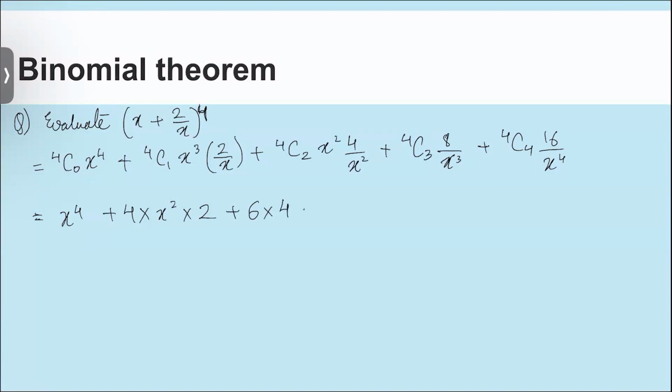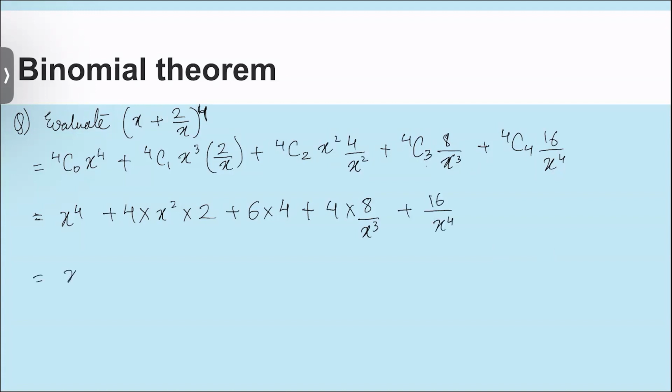Then you will have plus 4C3, which is similar to the value of 4C1. So this is again 4 into 8 by x cube. And the last one would be 16 by x raised to 4.